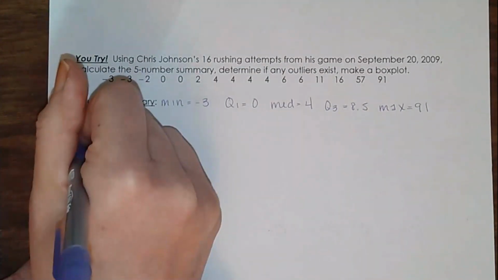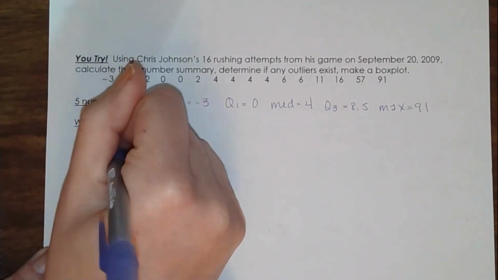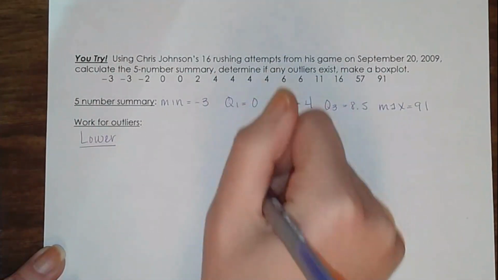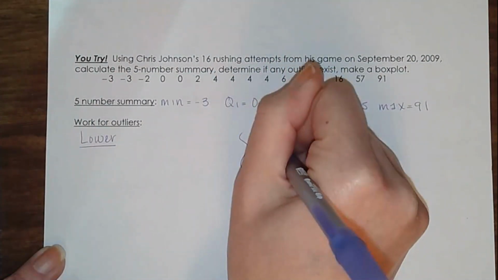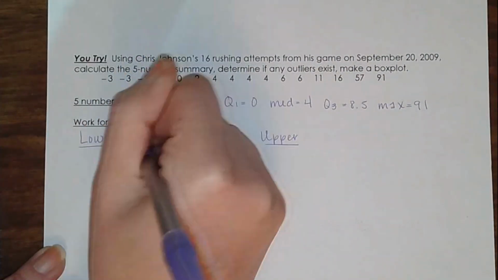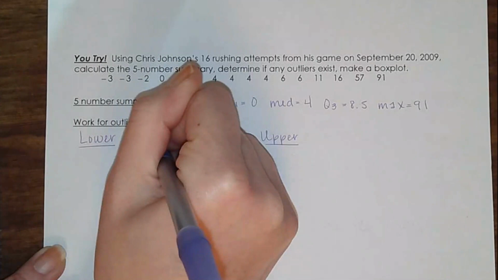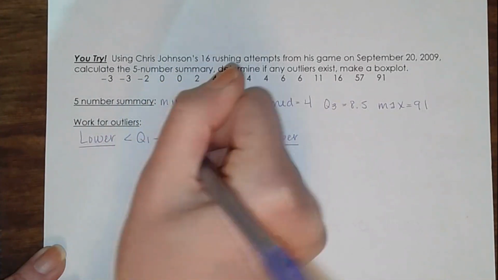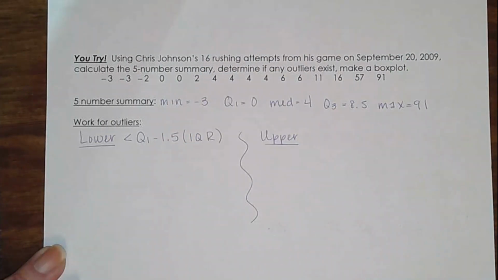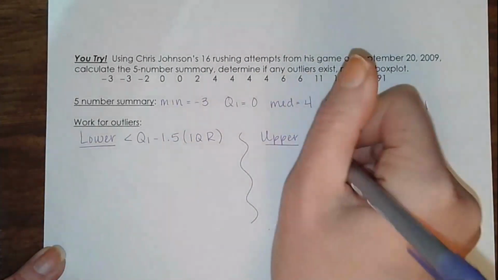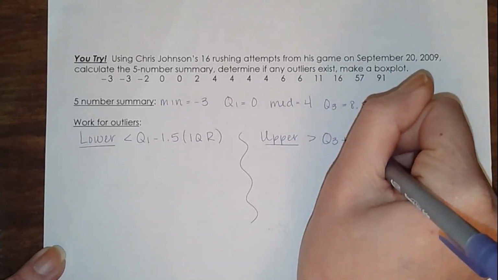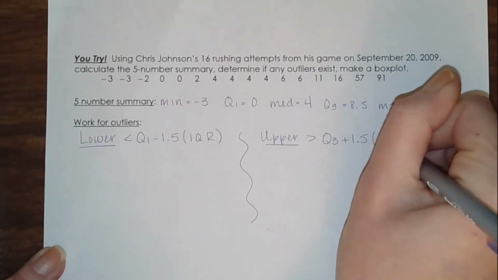So remember, 2 formulas for finding outliers, checking the lower direction and checking the upper direction. The lower is less than Q1 minus 1.5 times IQR. The upper direction would need to be greater than Q3 plus 1.5 times IQR.